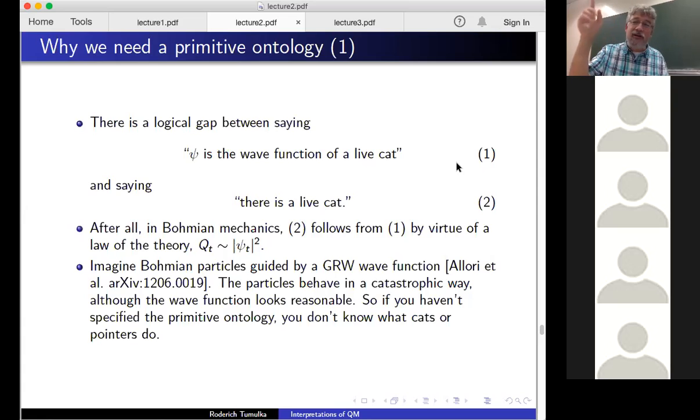Nevertheless, the Bohmian particles then do horrible things, because sometimes the Bohmian particles end up in the wave packet that gets deleted by the collapse, or it doesn't become exactly 0, it becomes very close to 0, and then once it is very close to 0, the particle trajectories become very strange and unreasonable. So that suggests that if you haven't specified the primitive ontology, you don't know what cats or pointers actually do. From just the wave function alone, you don't know.